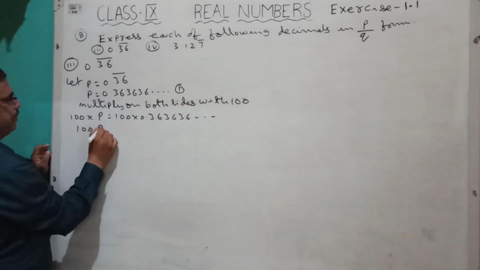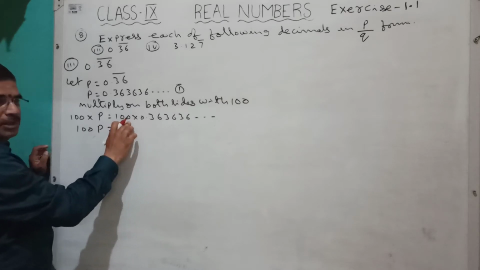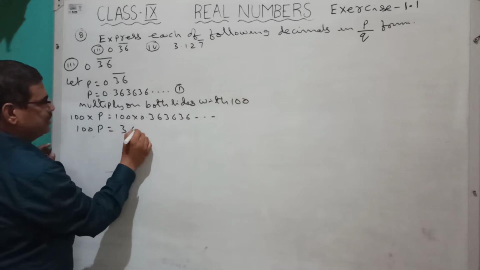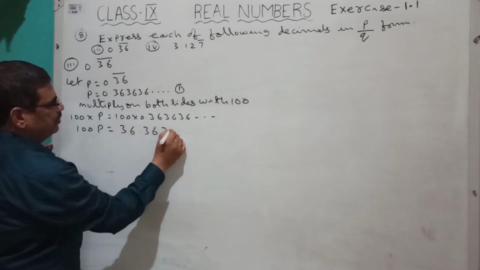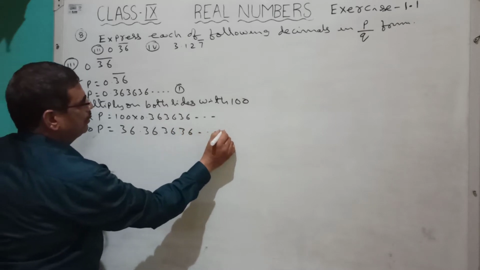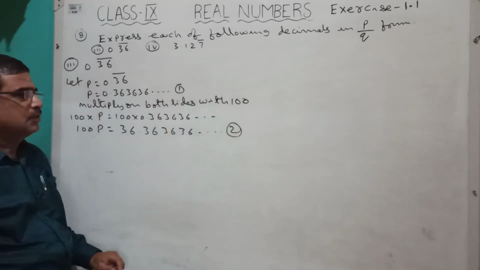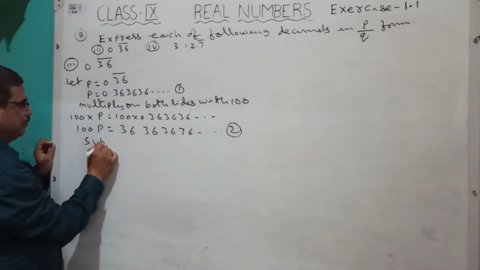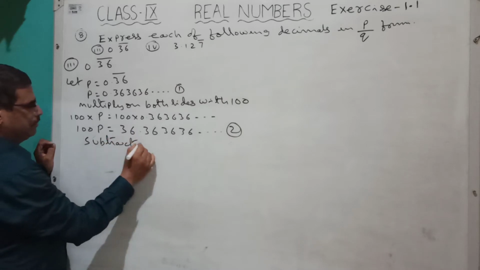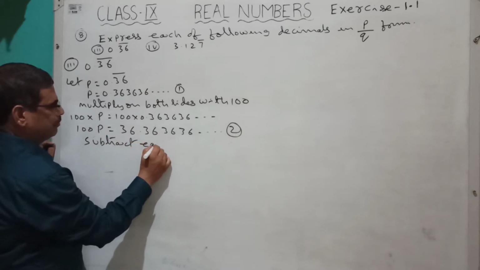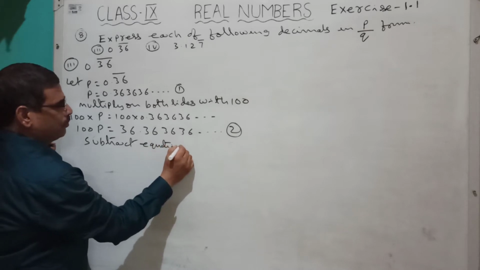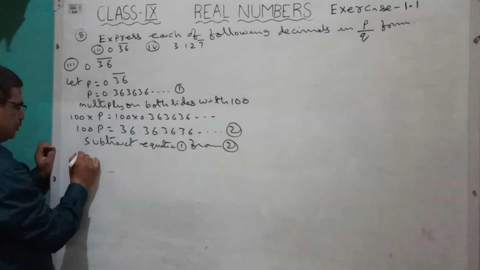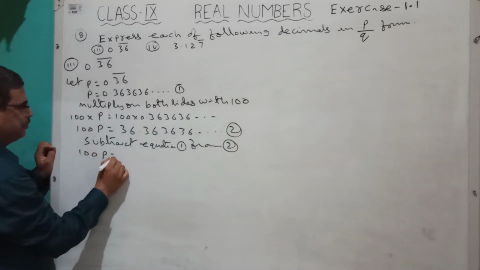So 100 P is equal to, here multiplication with 2 zeros means this point will move here: 36.3636, and so on. This is 2. You have to subtract equation 1 from 2.